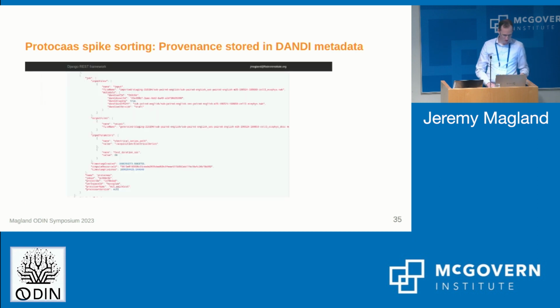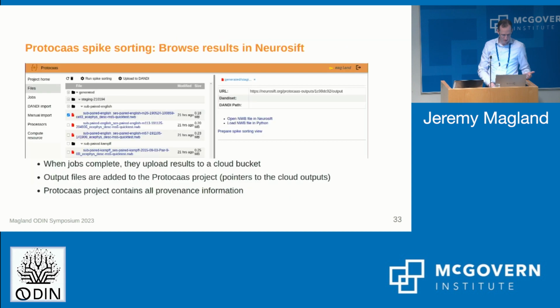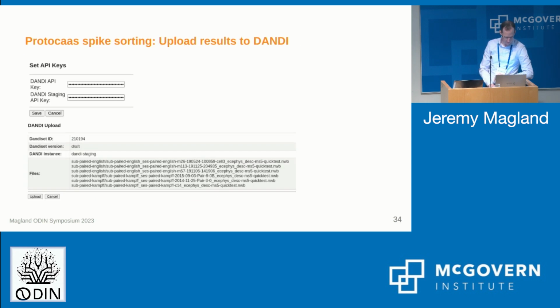Then the metadata on the DANDI archive contains all the provenance of the steps that were used to create that sorting output, so somebody else could reproduce it. I should also mention that within Protocaster, you also have a record of all the jobs that were run and their provenance.